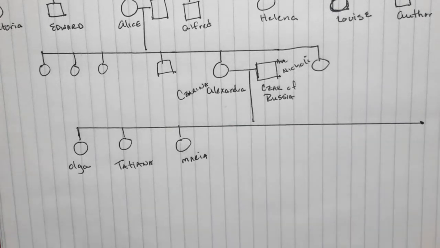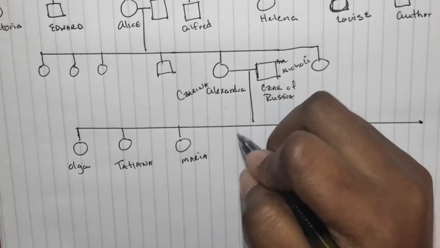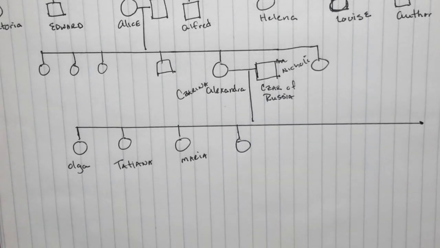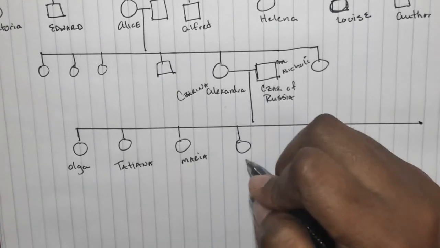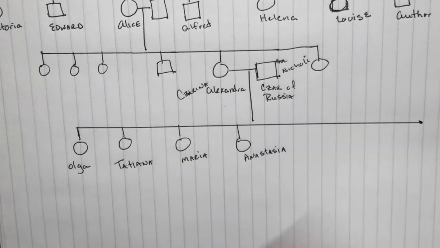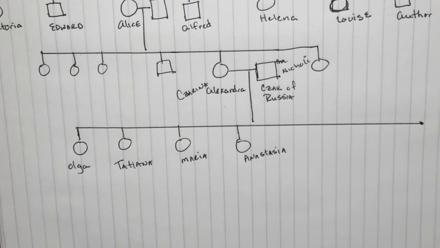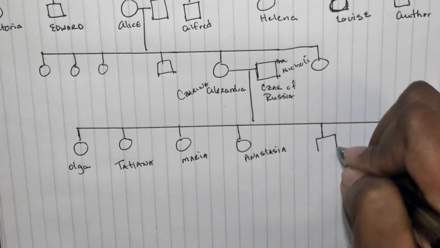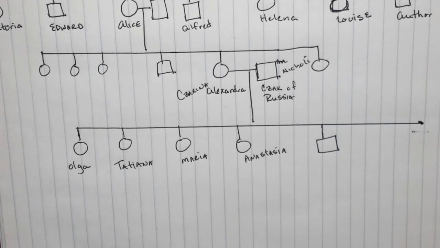And then the next one, another girl, and they named her Anastasia. And then the last one, guess what? They finally got a boy.